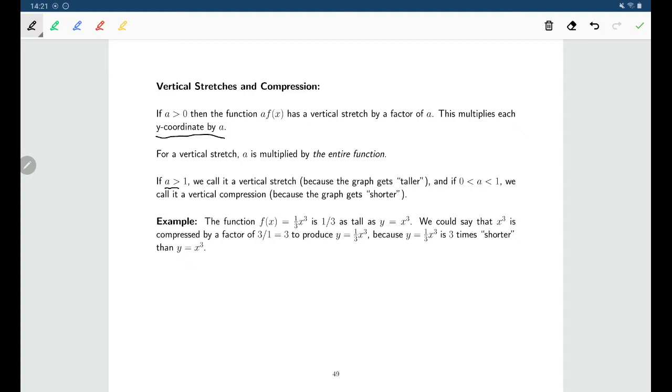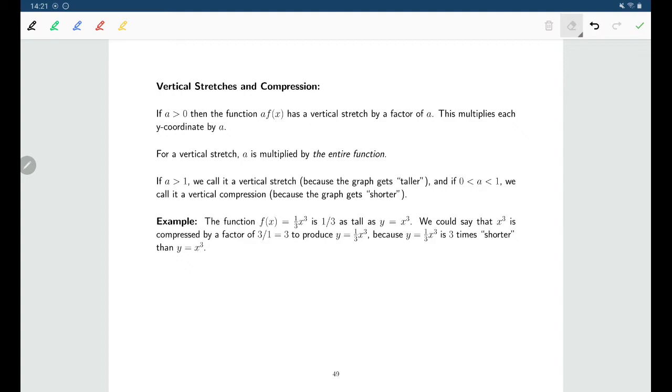So if a is some number that's larger than 1, you're going to be stretching your graph out vertically. It'll be getting taller than the original graph. So, for example, 2x squared should be twice as tall compared to x squared. On the other hand, you might have a value between 0 and 1, in which case you're not really stretching it anymore, you're compressing it.